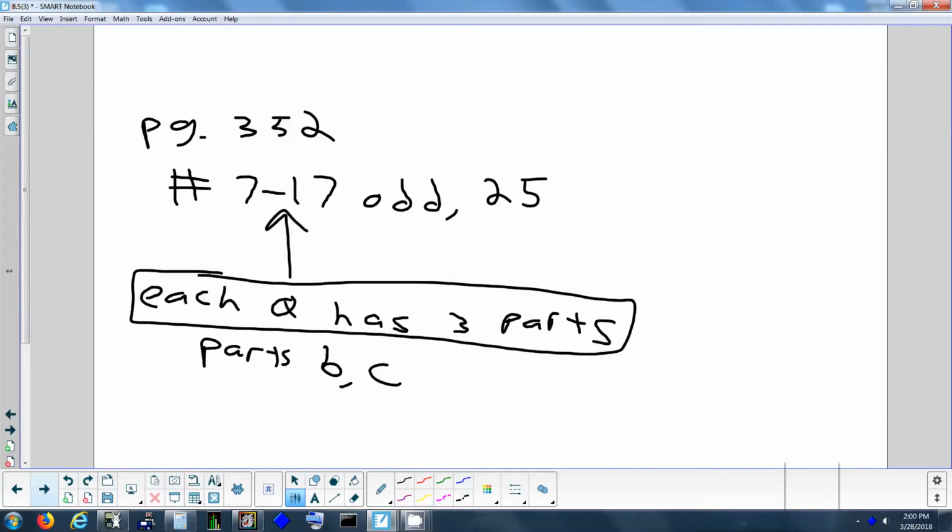And part C is answering the question: are the vectors parallel, perpendicular, or neither? And then 25 is an airplane question. Any questions on what the assignment is for part 3?